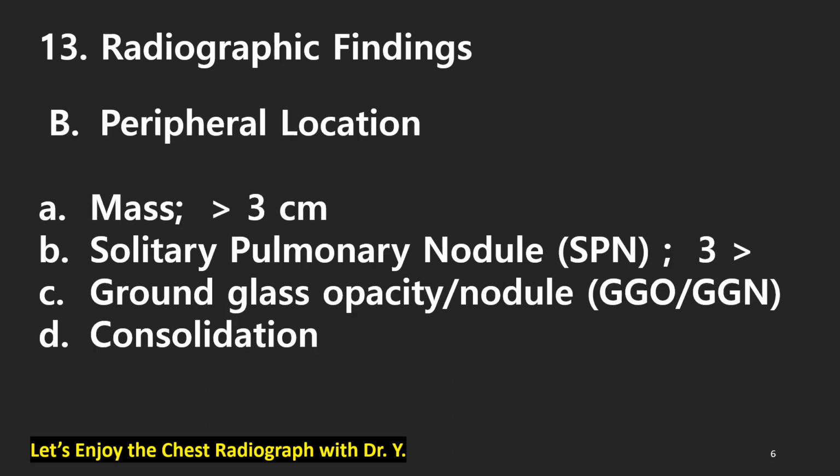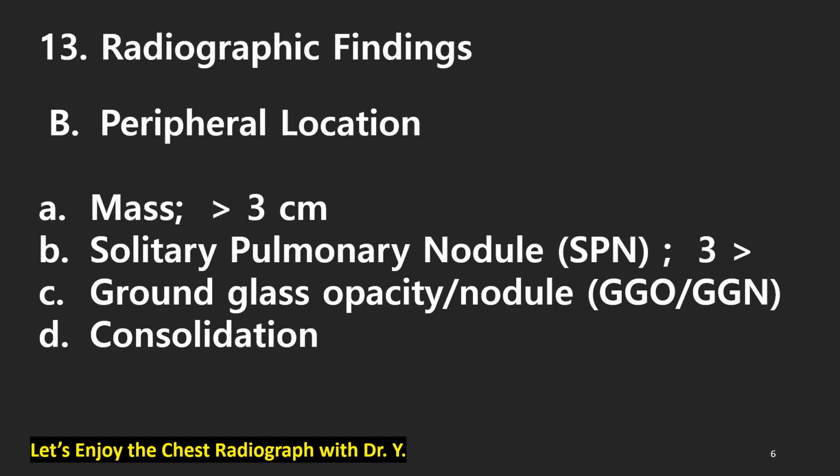When they are in peripheral location, they usually show the feature of a mass, usually more than 3 cm. B. Solitary pulmonary nodule, single pulmonary nodule, or we sometimes call them coin lesion, less than 3 cm.